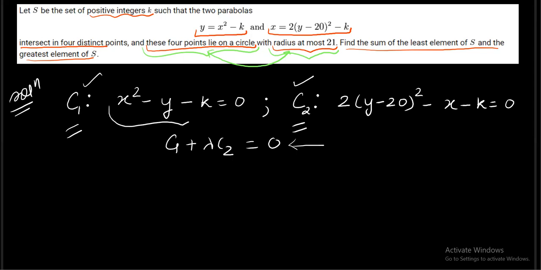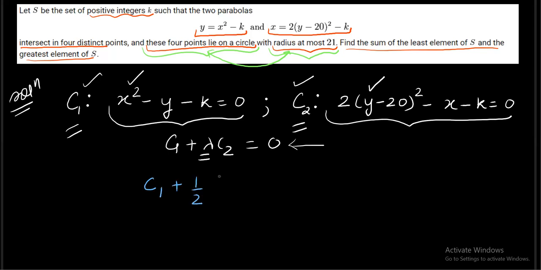Just observe the 2 equations they have provided us. In C1 plus lambda C2, you can easily interpret that lambda should be equal to 1 by 2. Basically, what I want to make is an equation in which the coefficients of x squared and y squared are exactly the same. So I'm going to write it as C1 plus 1 by 2 C2 equals 0.